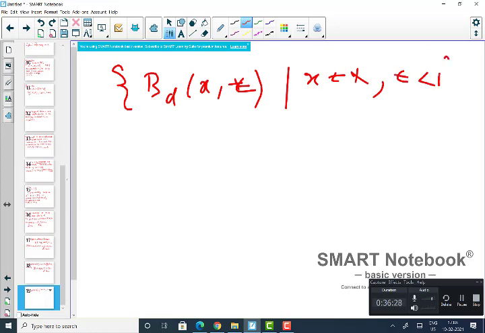Now this collection obviously is a basis for a topology, whatever the topology on X, right?